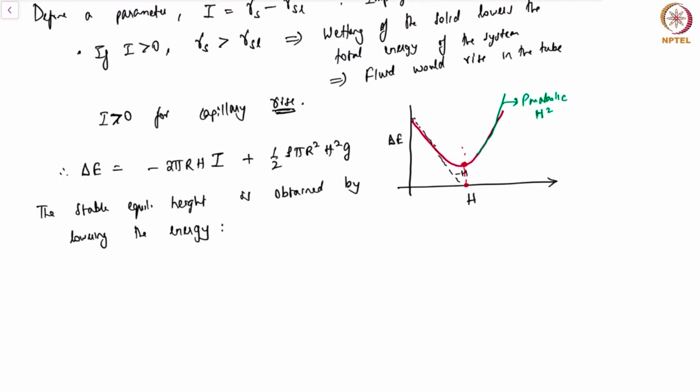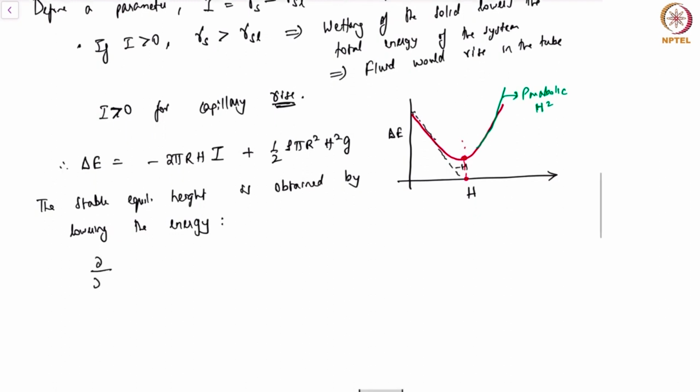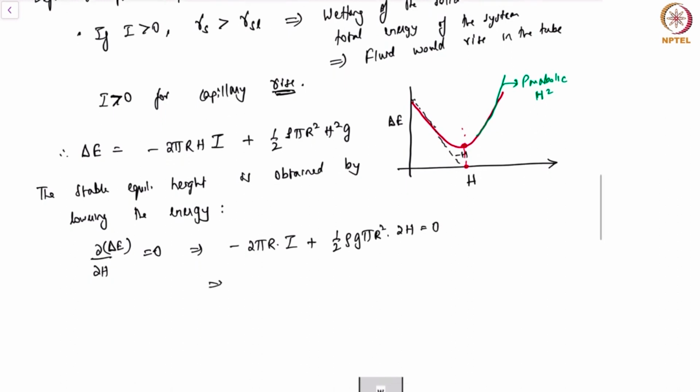And how do we achieve this? We say the derivative of the energy change with respect to height has to be 0. That's the minimum of this curve, and I simply have minus 2 pi r times I plus half rho g pi r square times 2h is equal to 0. I simply get h equal to 2 times I by rho g r.